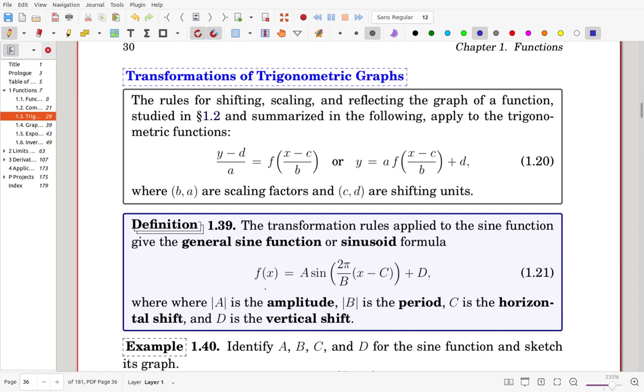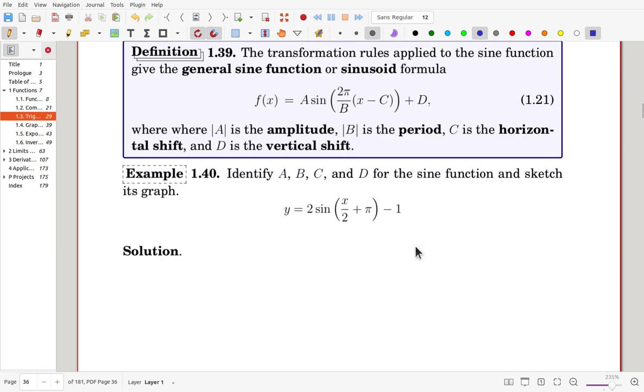So if we want to move vertically by d, then you replace y by y minus d. You already learned that in high school, I believe. So that is exactly the general formula after transformation. Let's try to find here, for this equation, the amplitude, the period, the horizontal shift and the vertical shift.